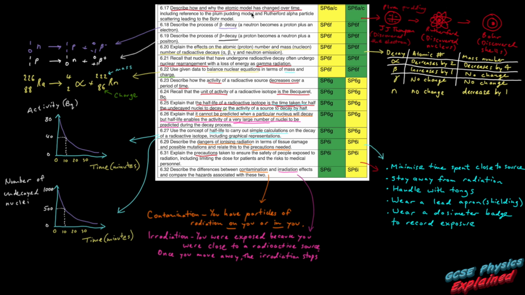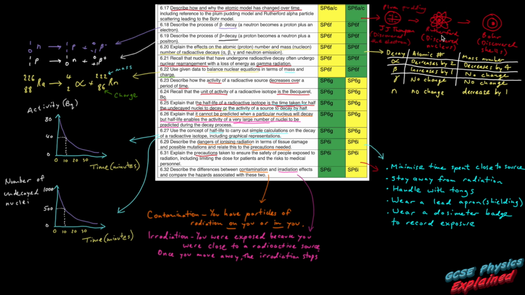Describe how and why the atomic model has changed over time, including reference to the plum pudding model and Rutherford alpha particle scattering leading to the Bohr model. So, first of all, we just started off as an atom, Dalton's model, and then we had the plum pudding model when J.J. Thomson came along and discovered the electron. So the plum pudding model is basically where the atom has a positive charge and it's got little negative charges spread out all over the place, localized.